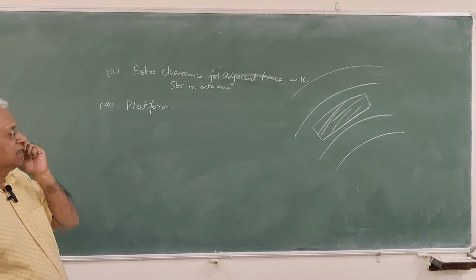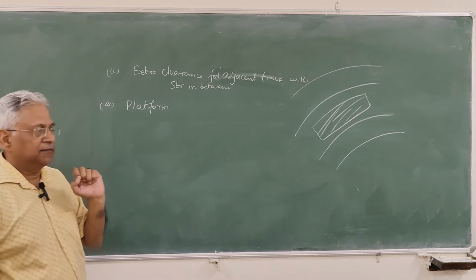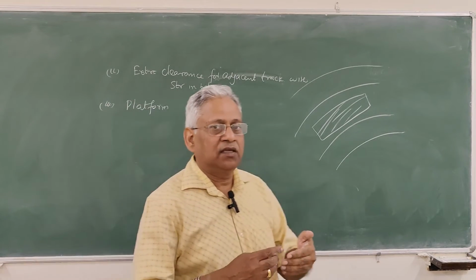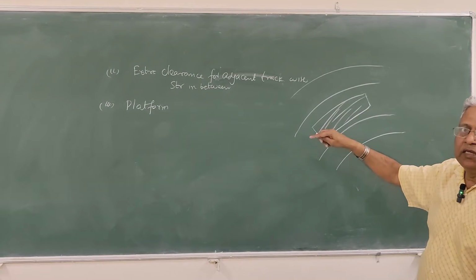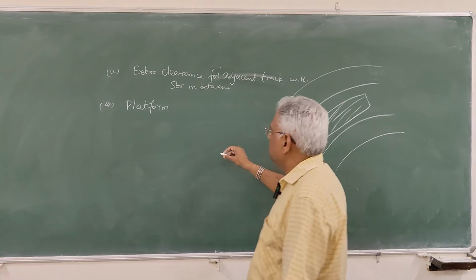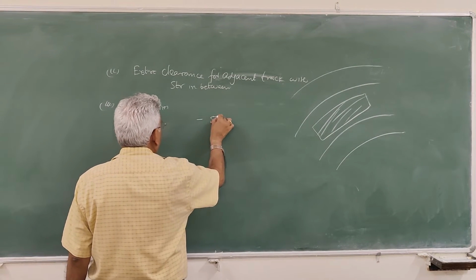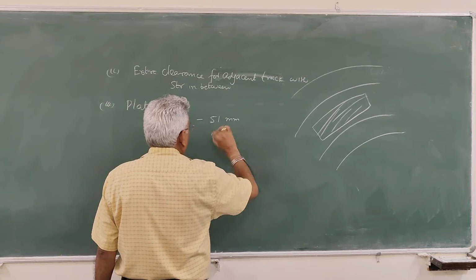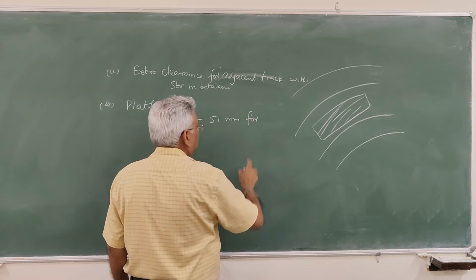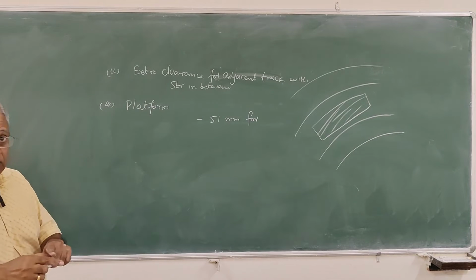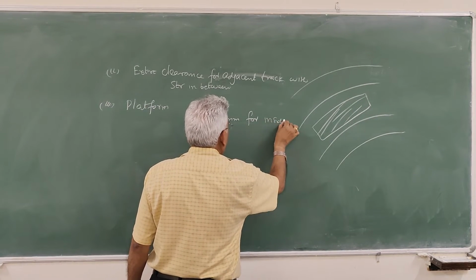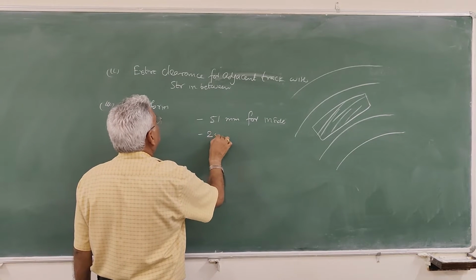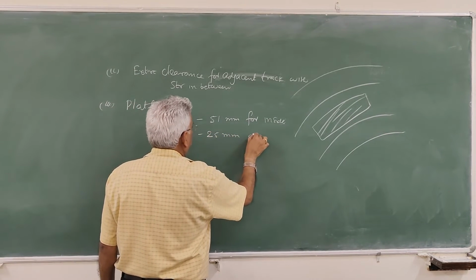Therefore what is suggested on Indian Railways is that the total extra clearance required on a horizontal curve should be reduced by 51 millimeter for the clearance inside of the curve, and 25 millimeter outside of the curve.